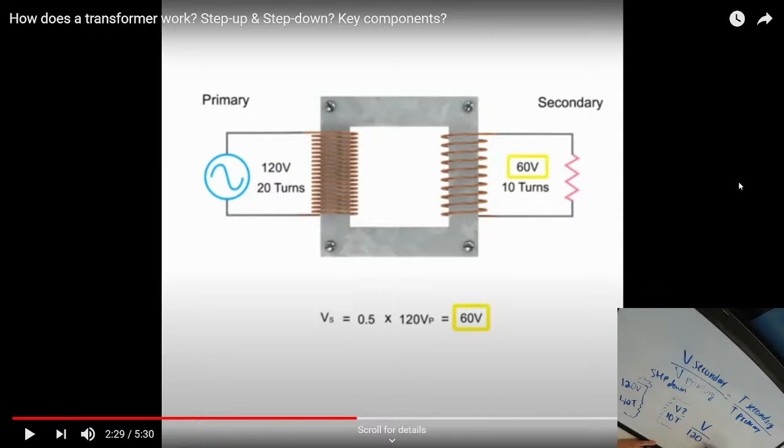And then turns of our secondary, so we got 10 turns over 40 turns, right? So now we need to isolate this. We're going to move our 120 over here and we're going to times it.